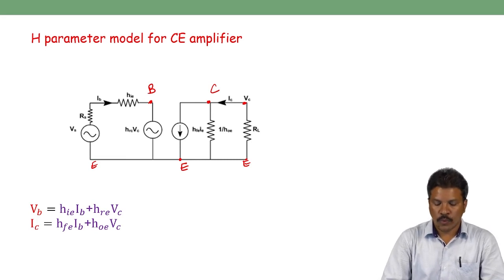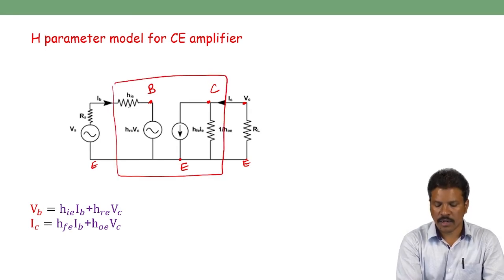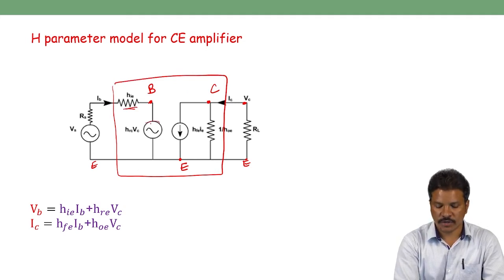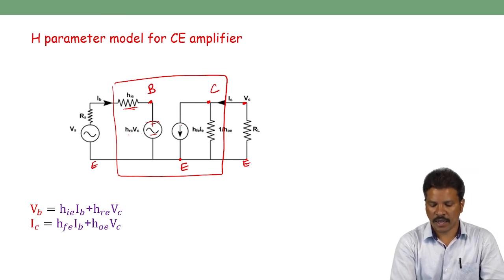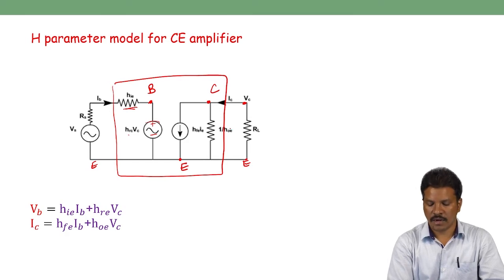We know that a transistor H parameter model has an input impedance Hi, a voltage source HR and VC, a current source HF and IB, and admittance 1 by H0.